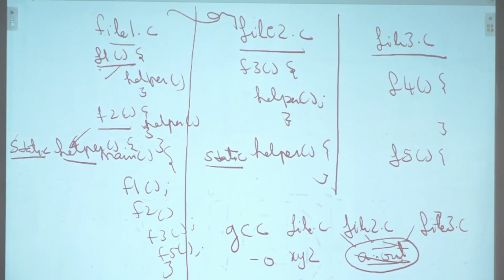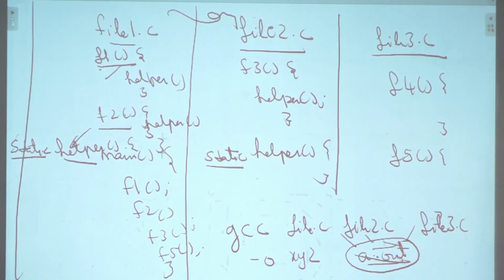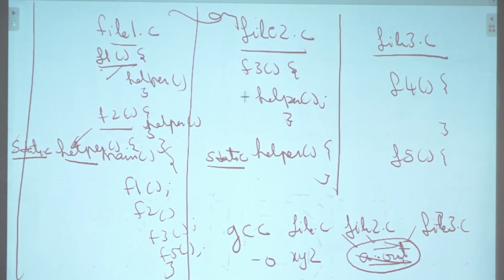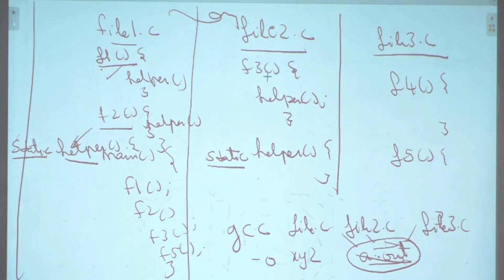This helper is also restricted to this file. So when F1, so the outside world, meaning file2.c, its F3 will not get confused with this helper, because this helper definition will not be allowed to percolate here, and this helper definition will not be allowed to percolate here.